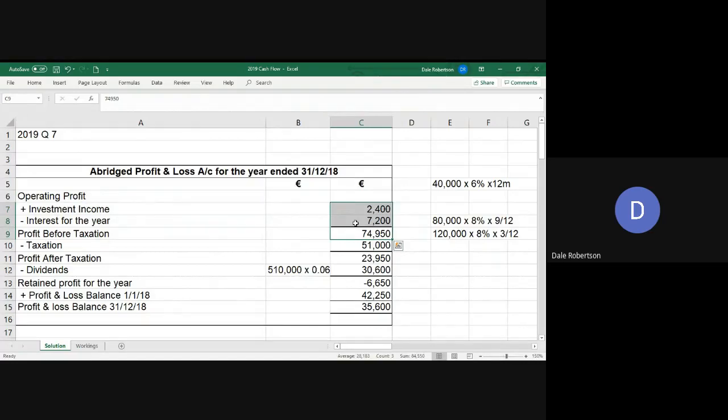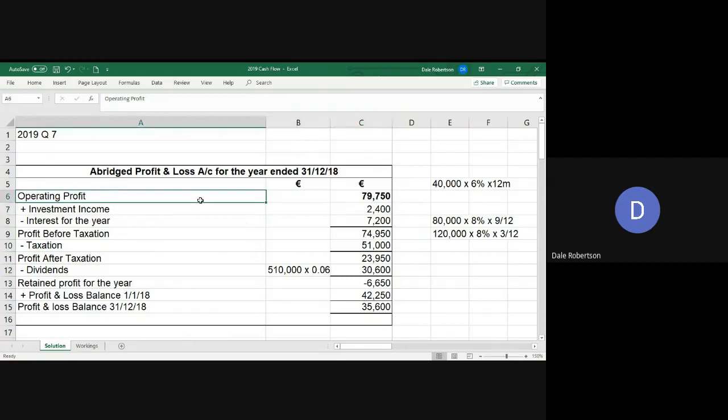Add the interest which you have to pay and subtract the interest that you have to receive. And you're going to get your number, which is 79,750. And that is the operating profit.